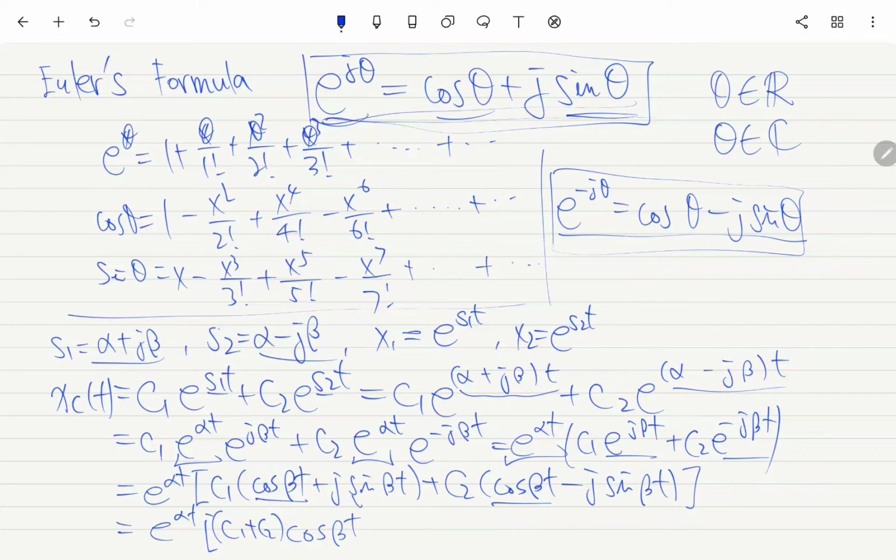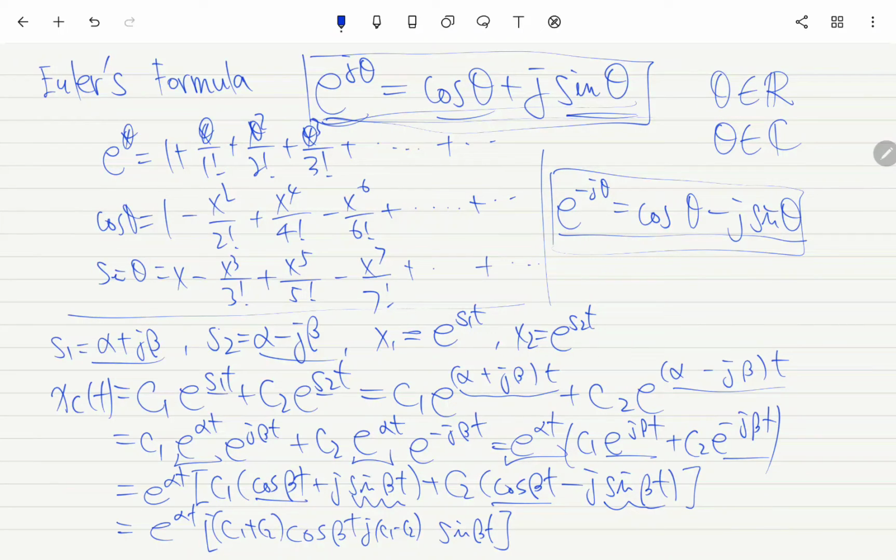And then for the second one we have sine of beta t, and it should be j times (c1 minus c2).